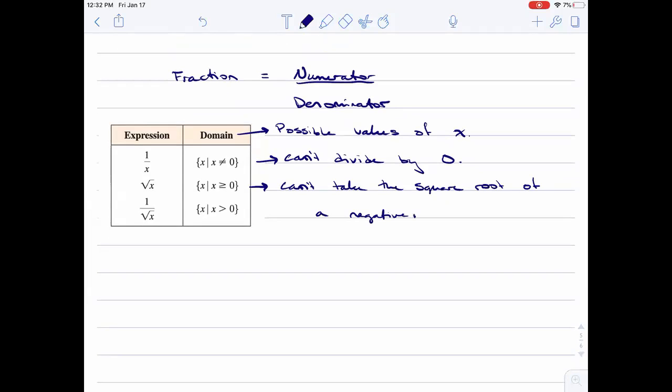And then the combination of those: now we've got 1 over root x. In the square root, we can't have a negative number, but we are allowed to take the square root of 0. It would just give us 0, but because we're dividing, we're not allowed to divide by 0. So then our domain is all the x's where x is greater than 0.